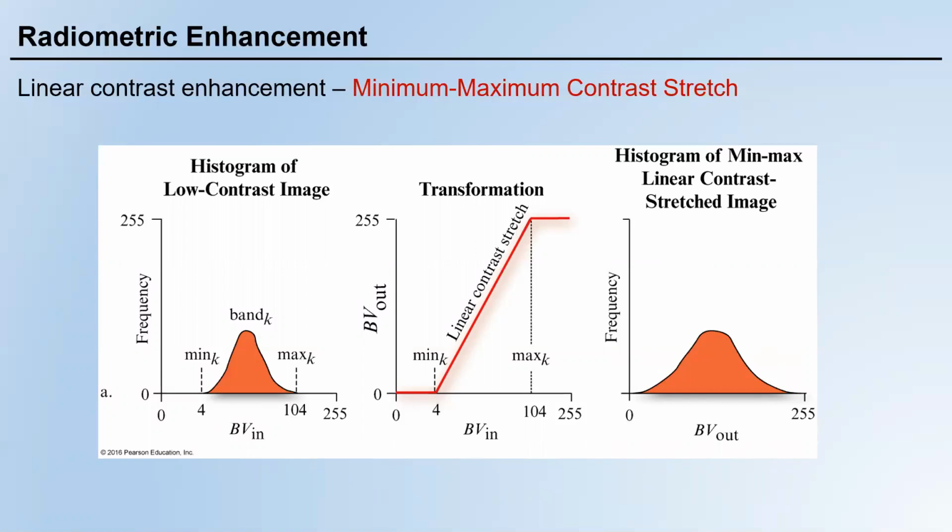There will be more grayscales used for pixels, so pixels can be relatively easier to differentiate from each other. So the contrast has been enhanced. The more pixel values we have in an image, the higher the contrast of the image.